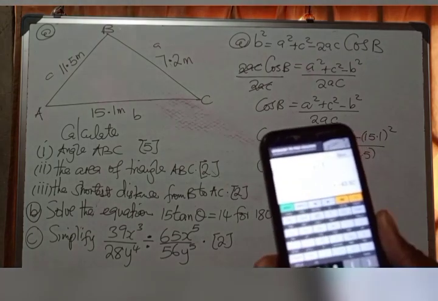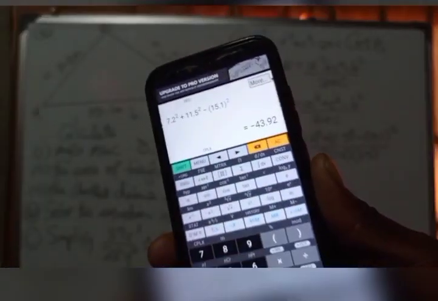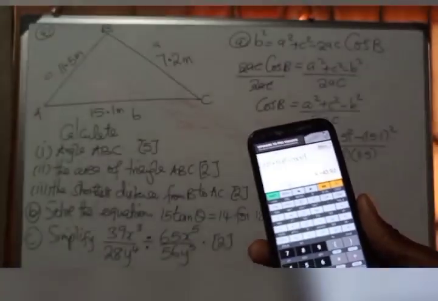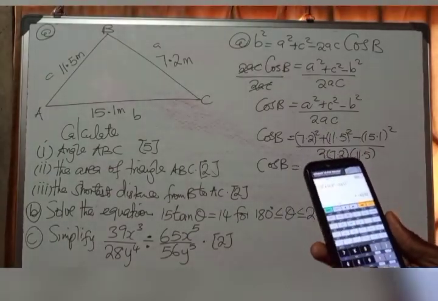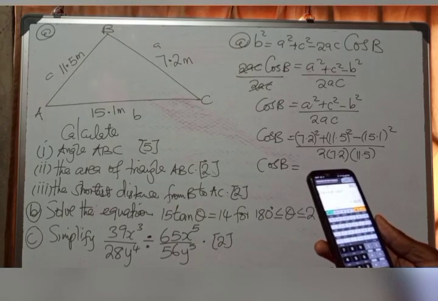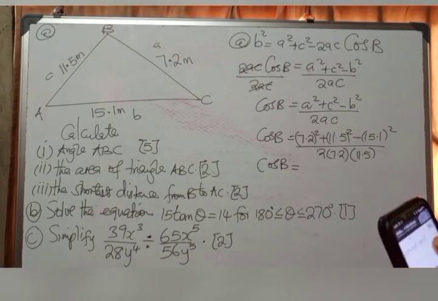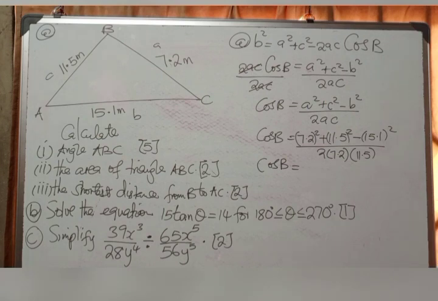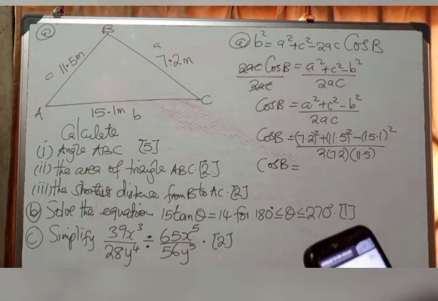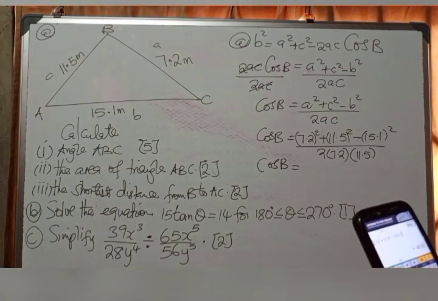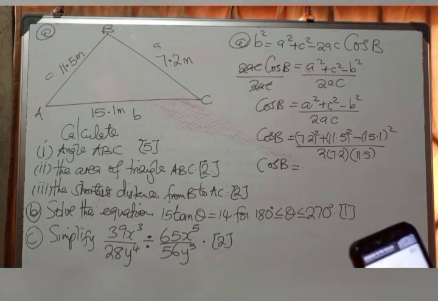And the answer I'm getting is negative, negative 43.92. So to avoid such negatives, of course, we have not yet proved.